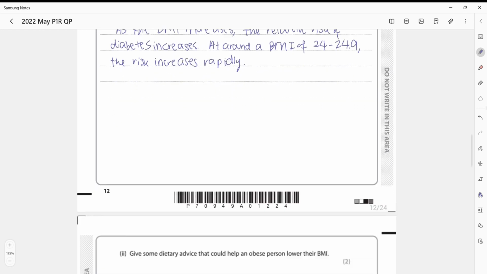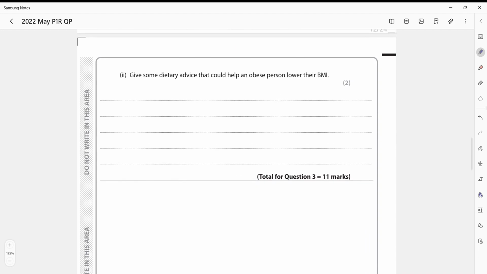Okay, let's look at part 2. Give some dietary advice that could help an obese person lower their BMI. So there are a couple things that you can say. You can say this person should eat a balanced diet, or you can say eat less fats or eat less carbohydrates or less sugars.